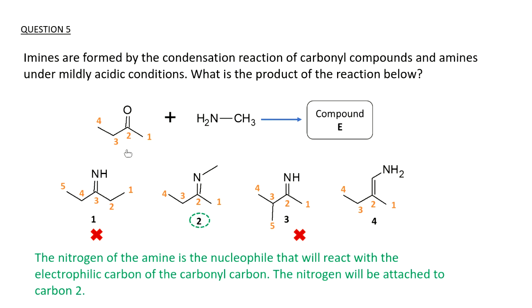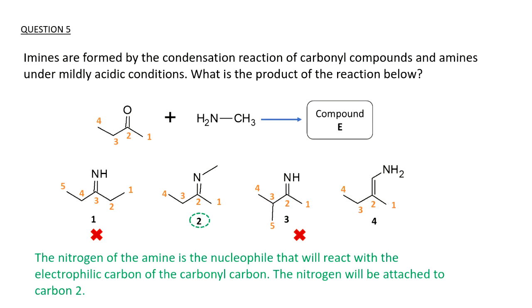So you form an imine bond, a carbon-nitrogen double bond. What you're forming here is a carbon-carbon double bond. And so option 4 could not be the answer. Is that clearer? Shanae, is that clearer? Okay. So you're forming an imine, which is a carbon-nitrogen double bond. And so option 2 is the answer.